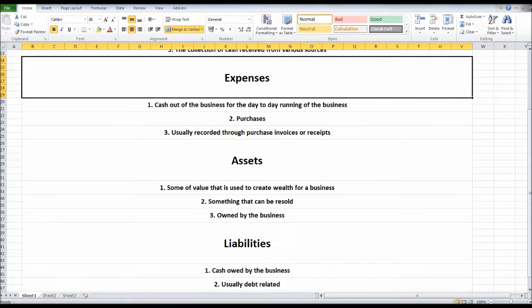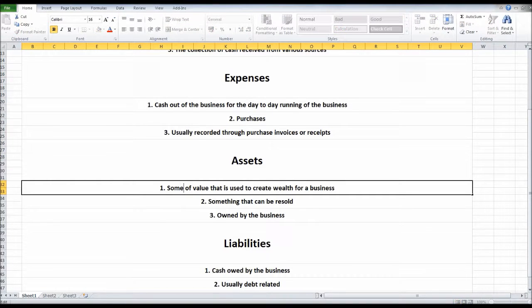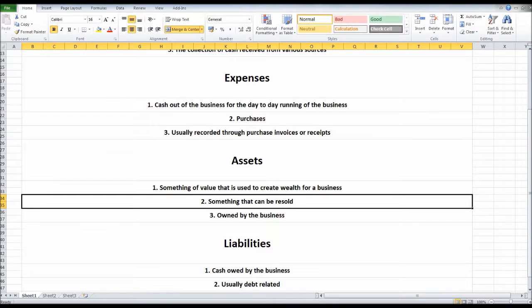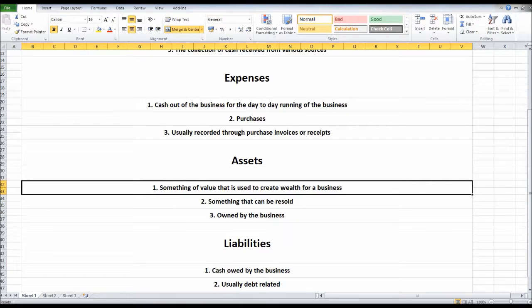So assets, excuse my spelling error, something of value that is used to create wealth for a business. So an asset is something of value that is used to create wealth for a business. If you think of a factory, the machinery in the factory would be an asset.